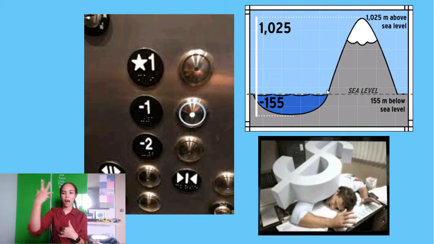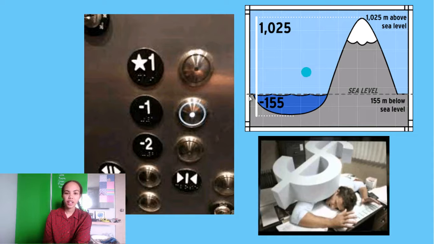And then down, maybe like an ocean, here it is 155 meters below sea level. So we can see that it's quite deep, and it's minus because it's below, it's under the sea level. So that's 2 examples over there.